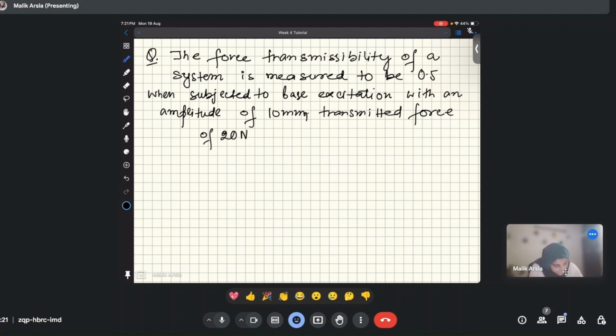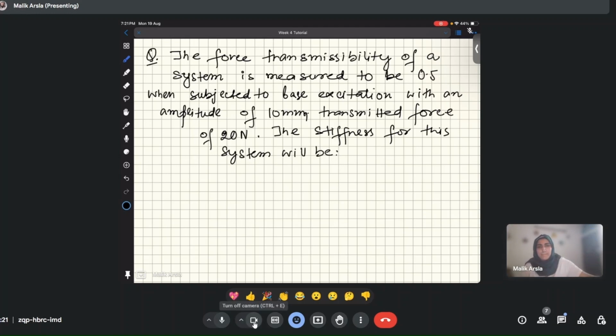Okay, the stiffness for this system will be. So basically you have to find the stiffness for this system. You can give it a try, then we can discuss it. I'm getting 4,000. 4,000. Okay, that is the correct answer.